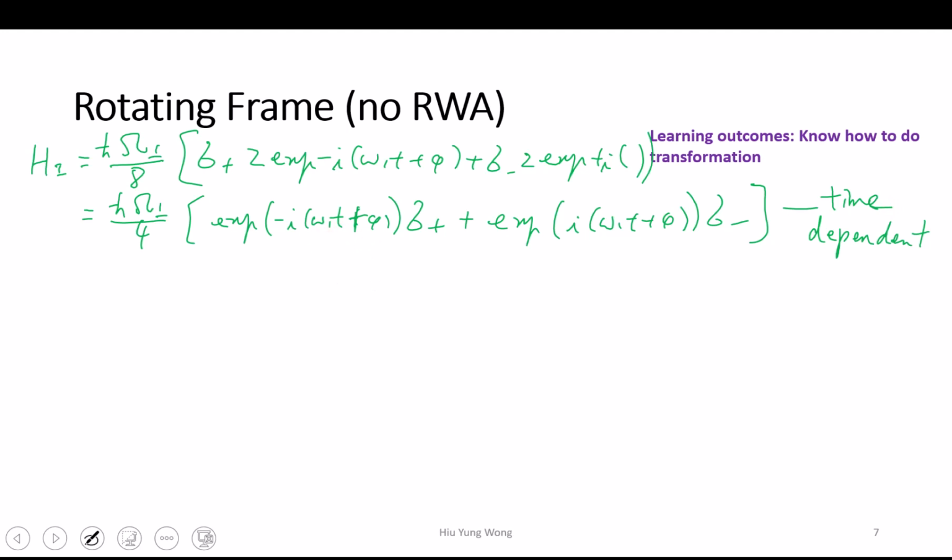What if we use the rotating frame? You see that something is oscillating about the origin on the xy plane. If I follow that vector, then it won't be time dependent for me, right?